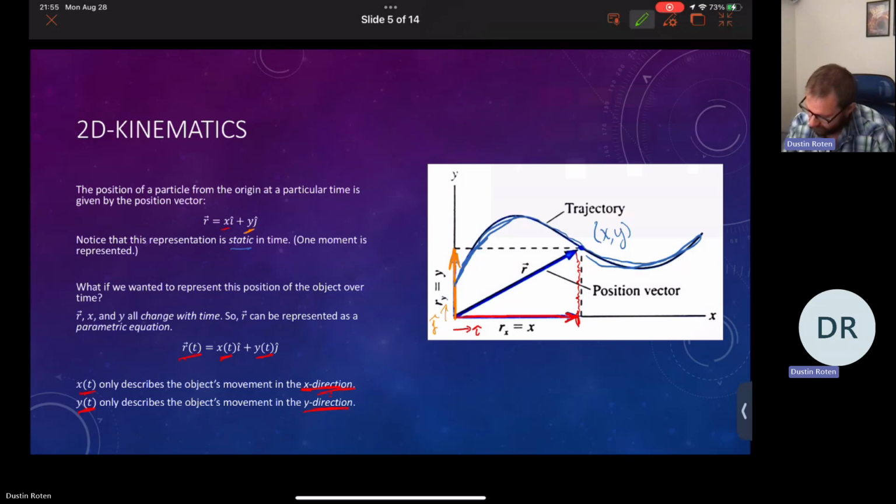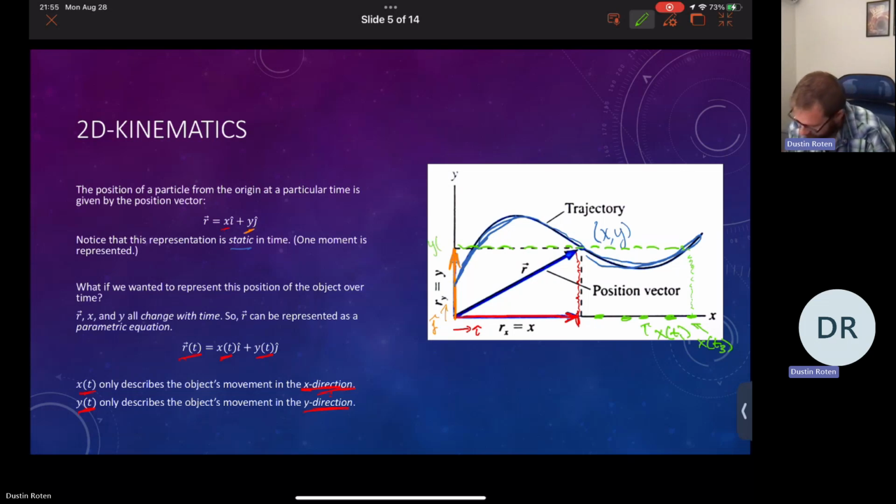All that's saying is essentially, where do I fall? x of t is just telling me where, at some time, I put my coordinate. This could be x of t1, this could be x of t3. Somewhere along the x-axis, I have to drop a coordinate. That's going to have a corresponding y-coordinate.